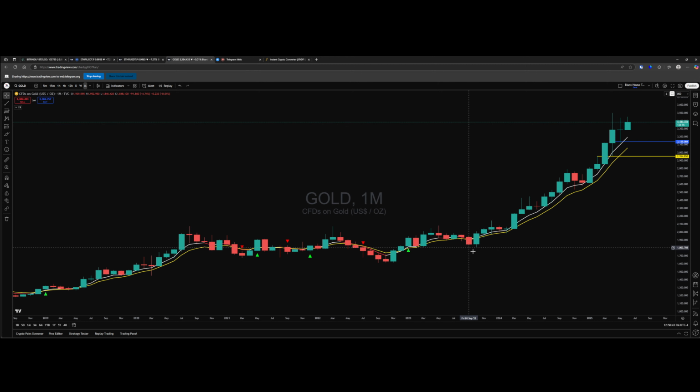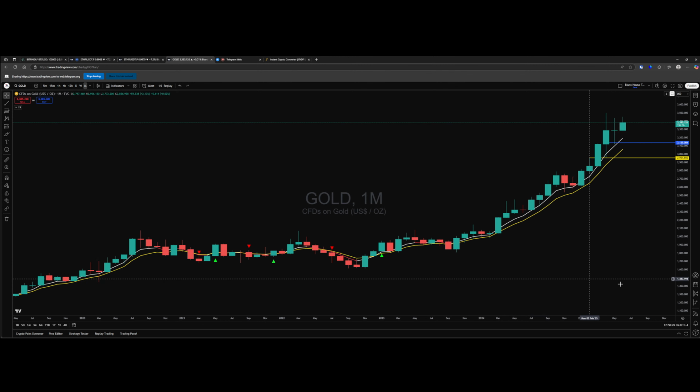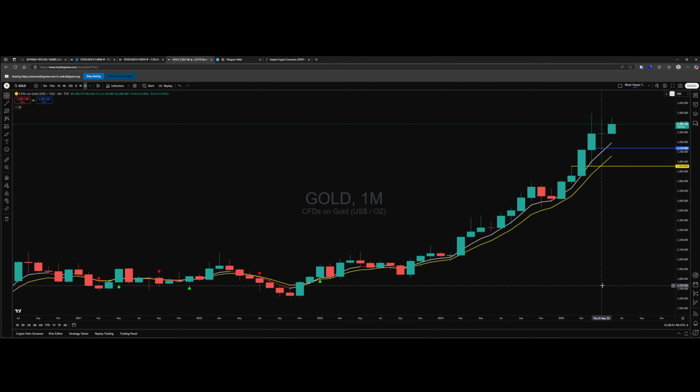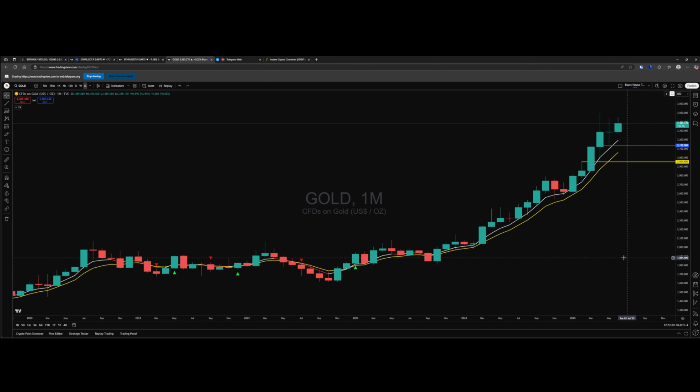This might seem like a lot, but it wasn't. Because the chart was telling you, no matter what anyone else was, that price wanted to go higher. That's it. And the more divergence between these levels, the more exuberant those candles are going to be.